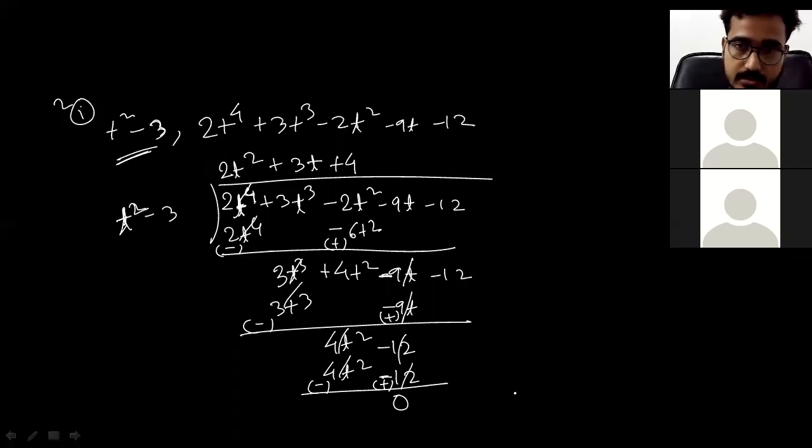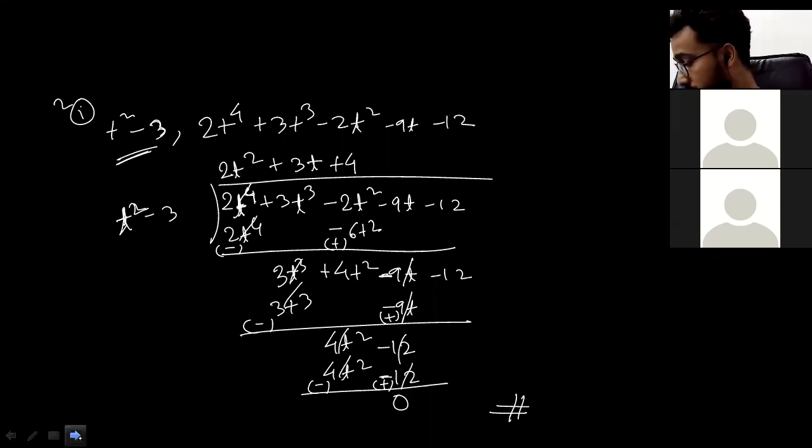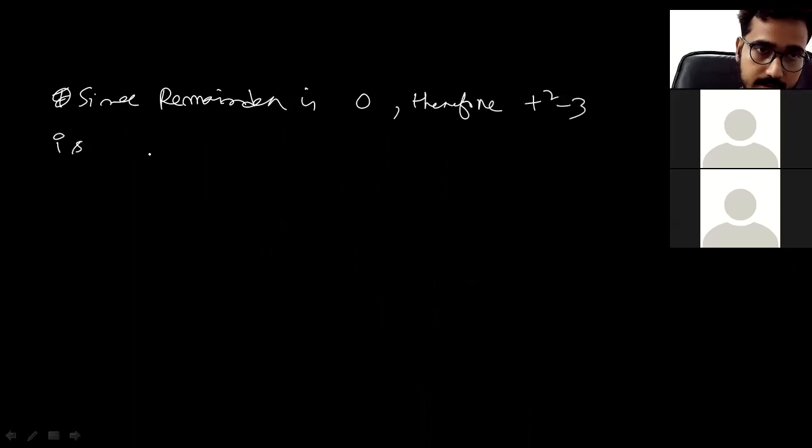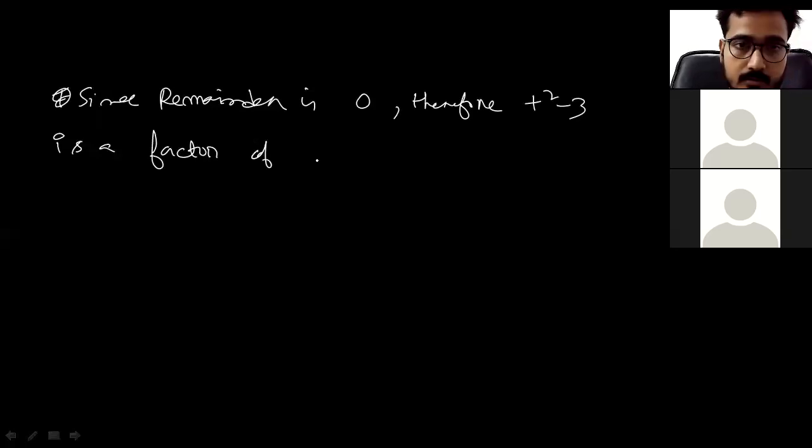Up to this clear? So now write down: since the remainder is 0, therefore t square minus 3 is a factor of 2t to the power 4 plus 3t cube minus 2t square minus 9t minus 12.